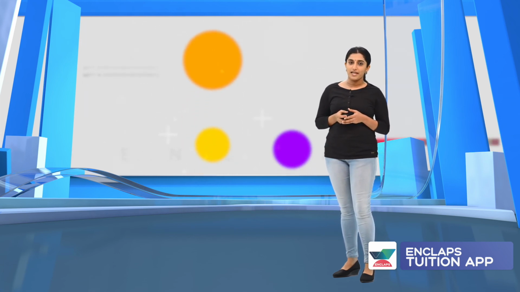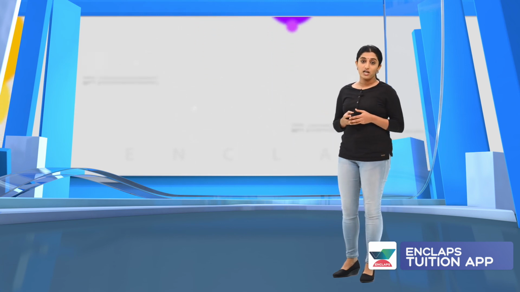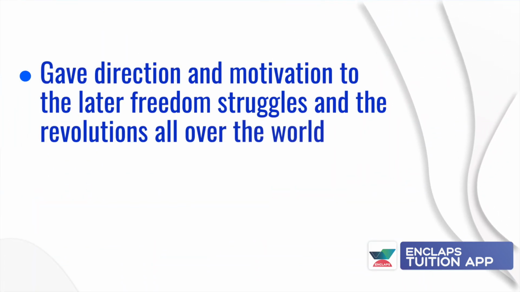Hope you understood about the American War of Independence. It greatly influenced the later history of the world in many ways. Let's see them. It gave direction and motivation to the later freedom struggles and the revolutions all over the world.